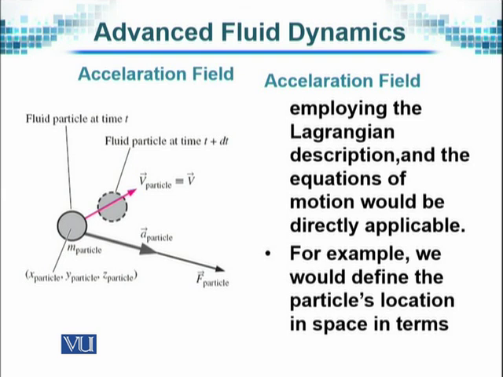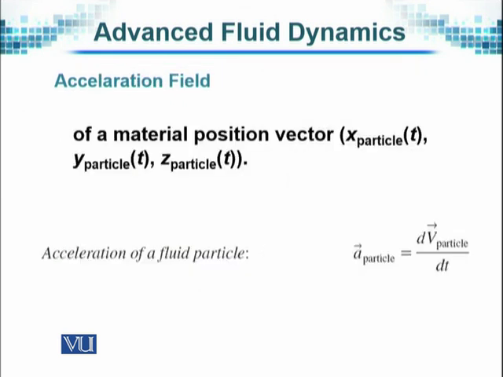As you are familiar by now, this is known as the Lagrangian method: following each particle and keeping track of it, and therefore at times it becomes difficult to follow. When we write the acceleration for the particle, it is written as a particle equal to the derivative of the velocity of that particle with respect to time.